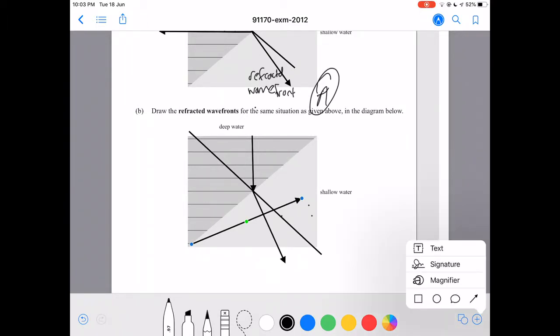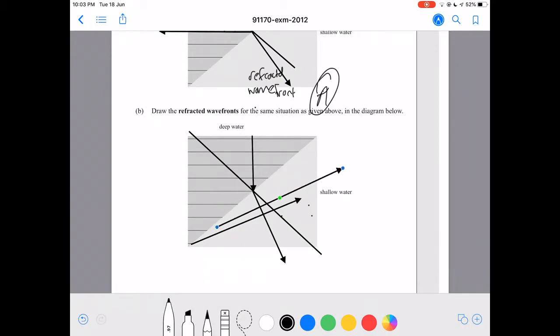We're going to do the same for the next one, our refracted wave fronts. One way to check your answer is that the wavelength should be smaller, because we're moving from the less dense medium to the more dense medium.